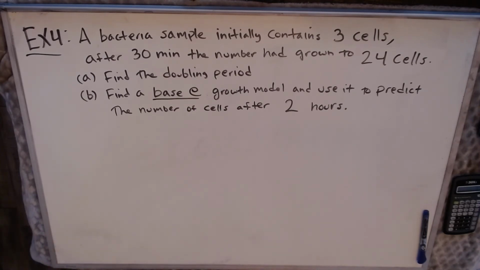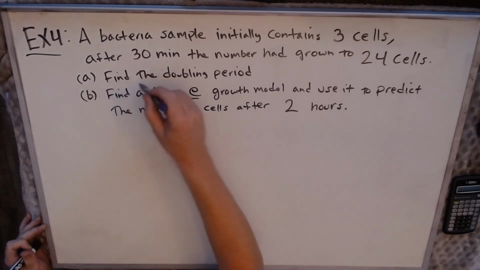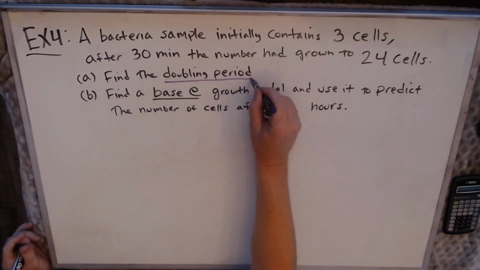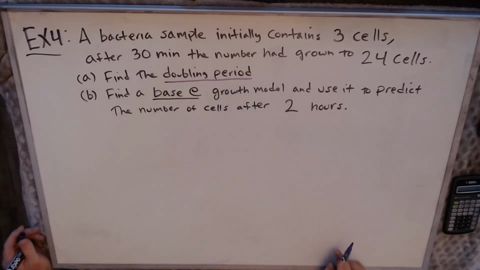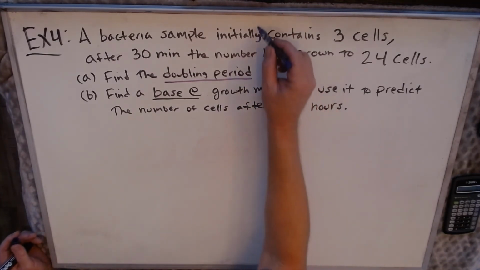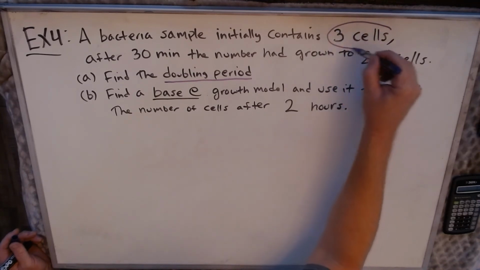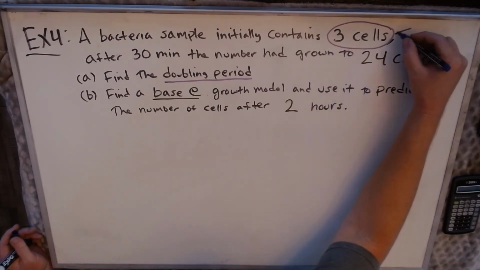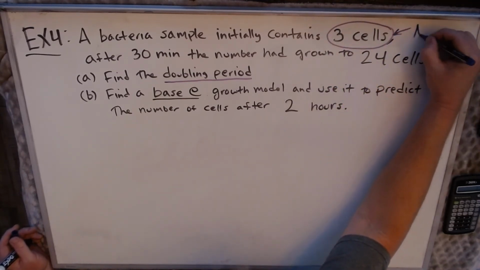Okay, example 4. We have another one of these bacteria problems. This time we are not given the doubling period. Our objective is to find the doubling period. We're given an initial sample containing 3 cells. So let's give that a label. Let's call that n sub 0.